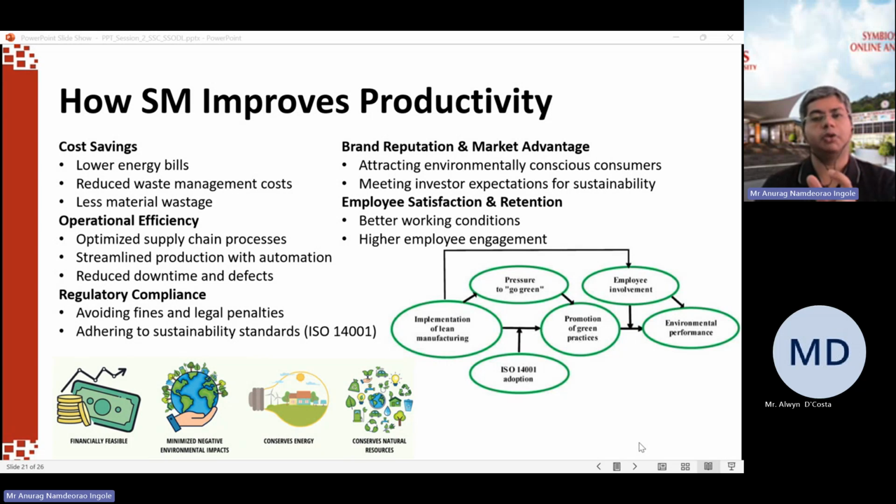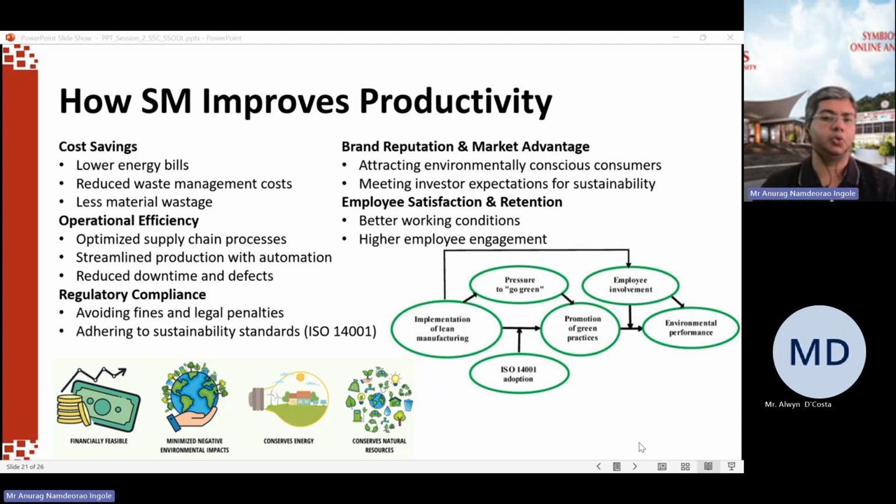Each car that is manufactured out of the Shanghai facility consumes 35% less energy than their United States facility. So that directly shows an impact of their sustainability initiatives.